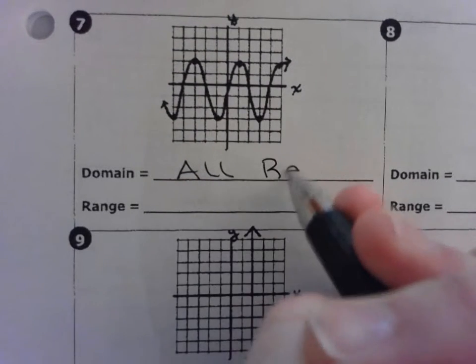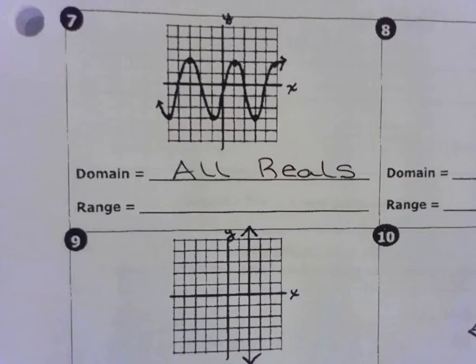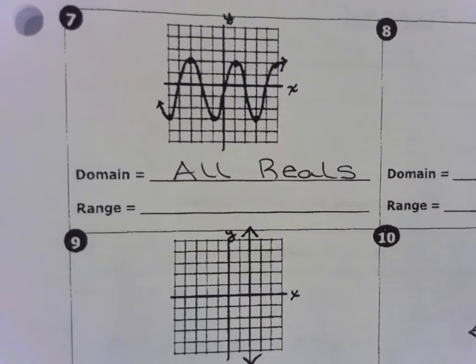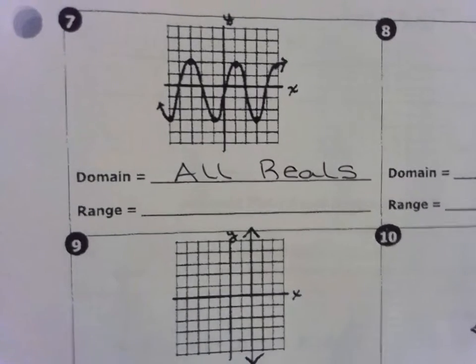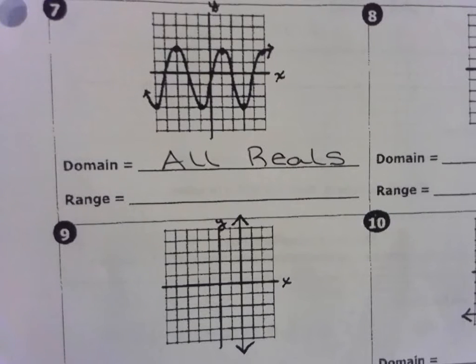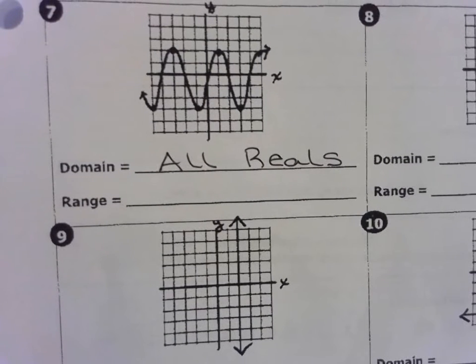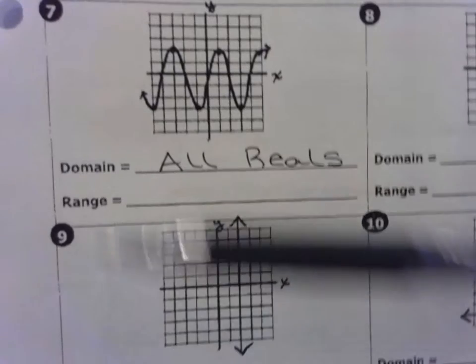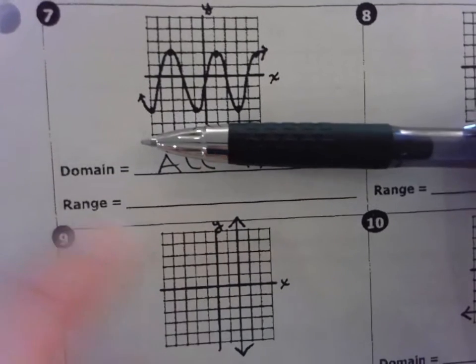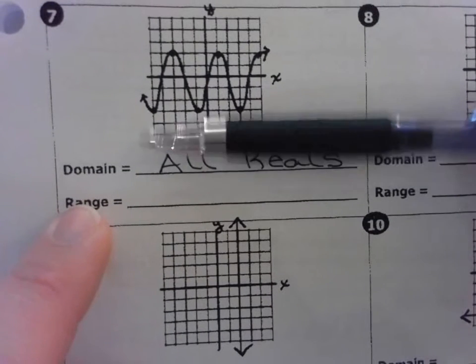If you notice arrows, that means they keep on going, so I'm not going to have a specific starting or ending point, so it's all real numbers. Now your y values. Are my y values going to be all reals? Let's look. My range is from the bottom to the top.